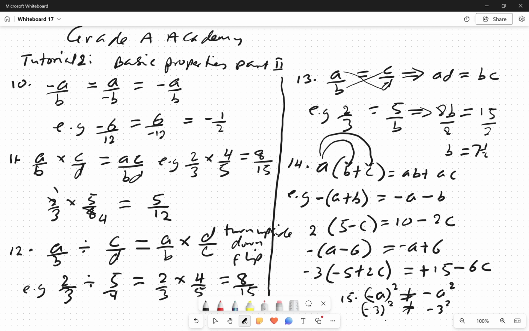So this one you're going to have 9 here, and this one is going to be -9. We have -3 times -3 on the left hand side. Then on the right hand side, it means -1 times 3 squared. So this one actually means -1 outside, and you have 3 squared, which is 3 times 3.